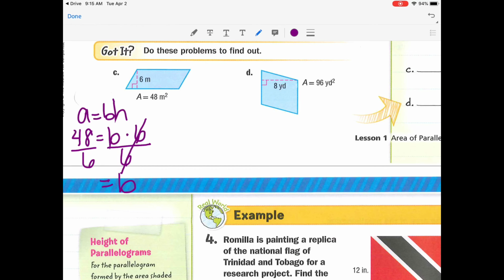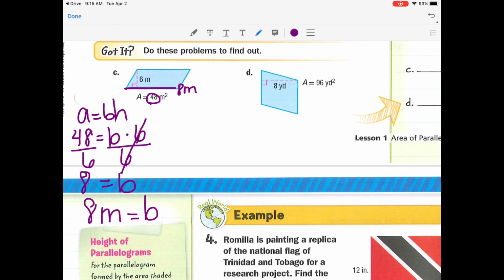And 48 divided by 6 is going to leave me with 8. So my answer is 8 meters. It's not 8 meters squared because it's not the area, it's my base. So my base right here we just said was going to be 8 meters. Okay, and we can check that by going 8 times 6 is 48, which is my area.